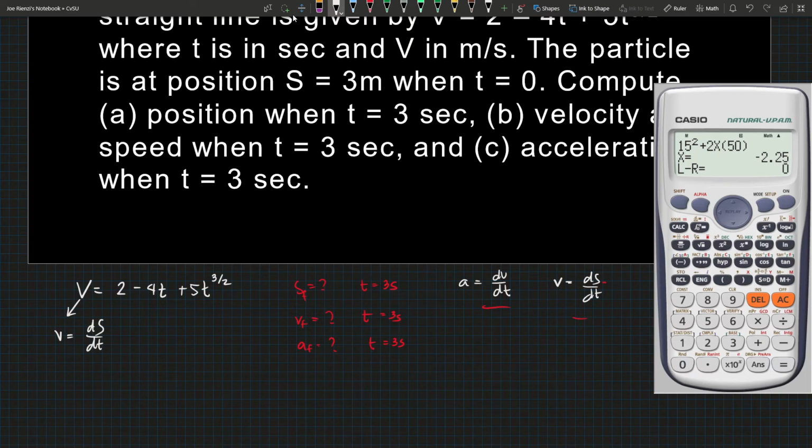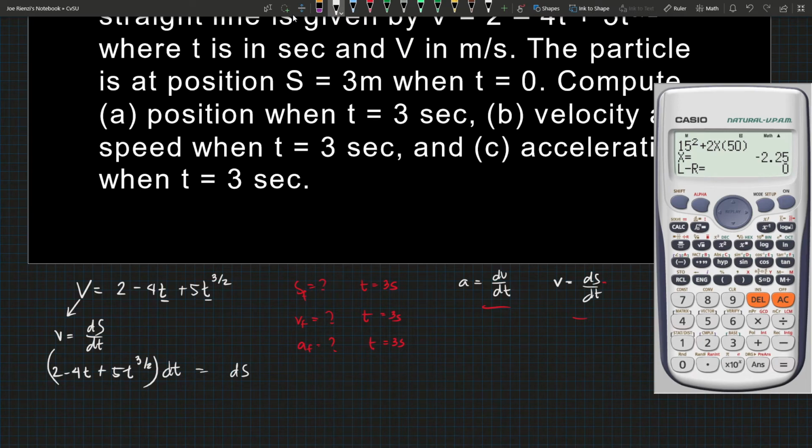Kasi nga, ito is velocity with respect to time. So, pwede natin siya pagsamahin doon and then integrate natin. Alisin natin yung function na yan. So, we have 2 minus 4t plus 5t 3 halves. And then dt equals ds.